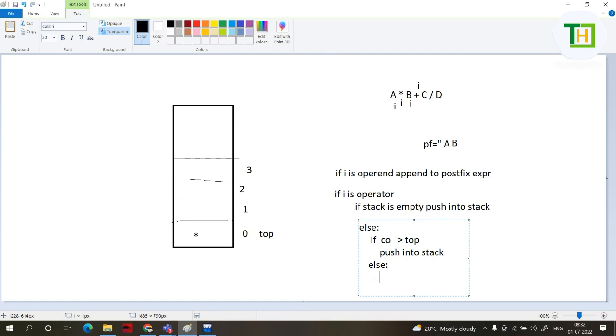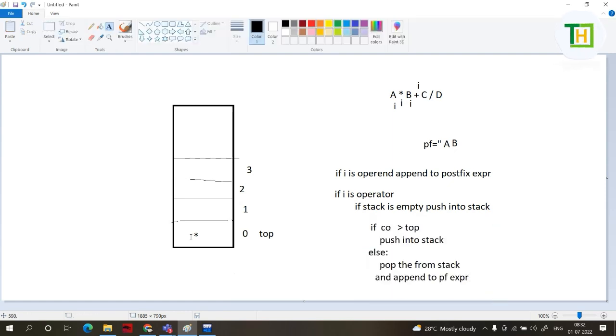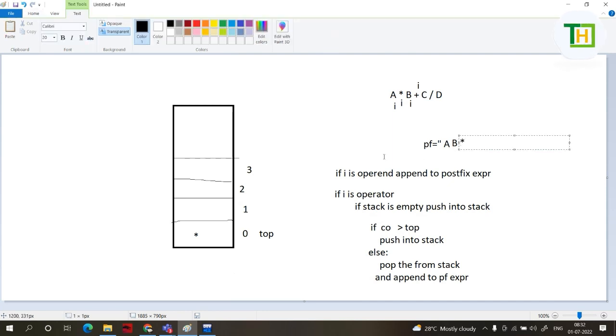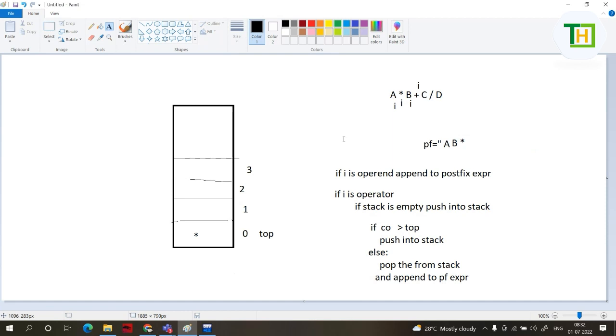Then we have to pop the operator from the stack and append to the postfix expression. That means now star is popped from the stack, and star is appended to the postfix expression, and this is deleted, and the top is now at -1.